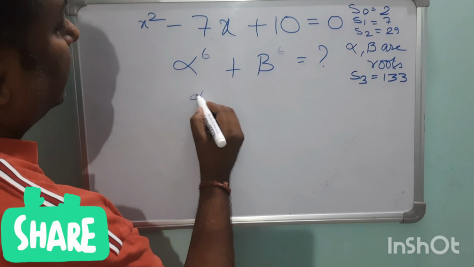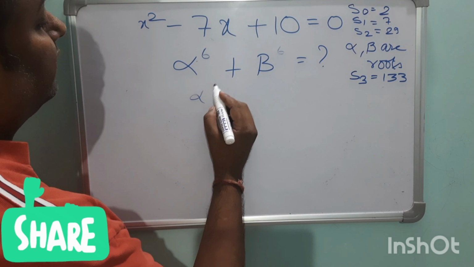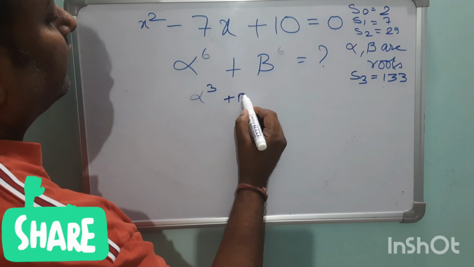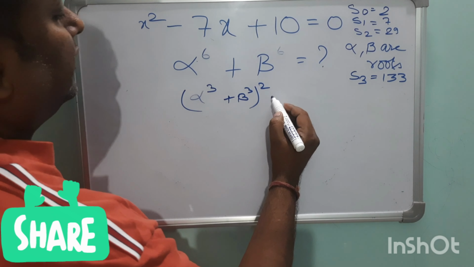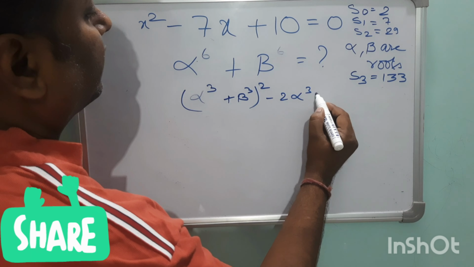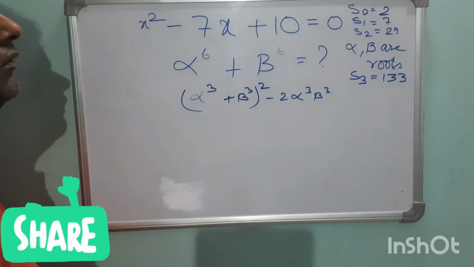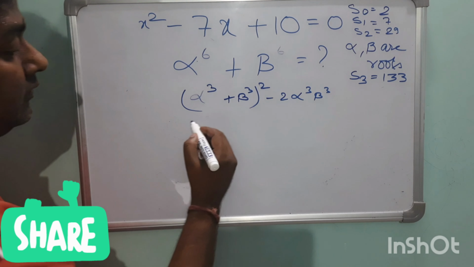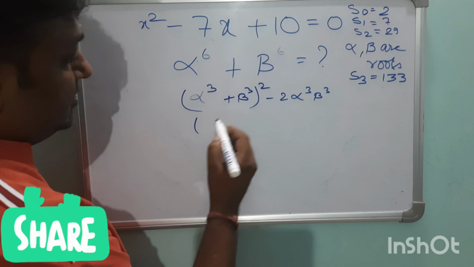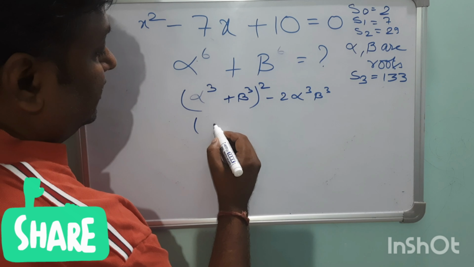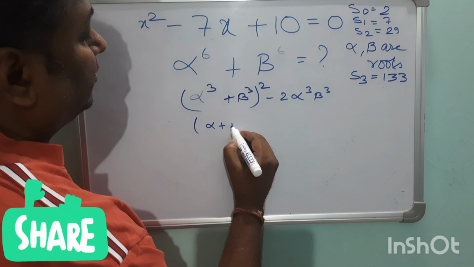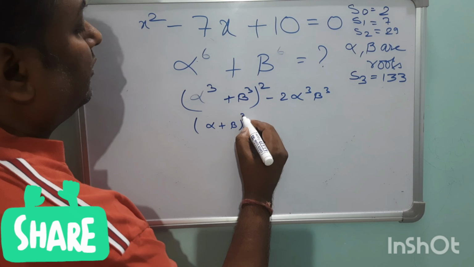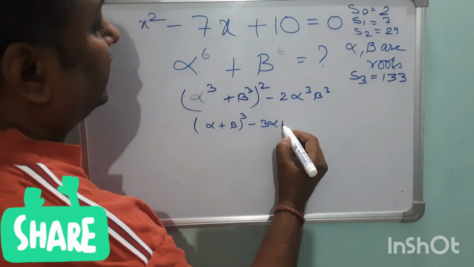Because here we know that if we do this, it will be easier for us, because see, alpha cube plus beta cube will be alpha plus beta whole cube minus 3 alpha into beta.